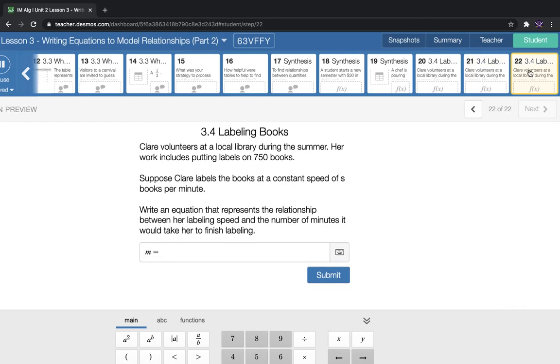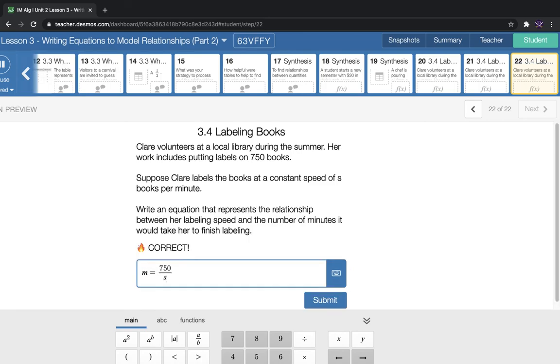And so now we see here, suppose that Claire labels the books at a constant speed of s per minute, write an equation that represents the relationship. Well, now we've changed that a couple times. Now it's just going to be 750 divided by s. I'm sorry, I put one too many there. 750 divided by s, and that's going to give us our new equation for that.